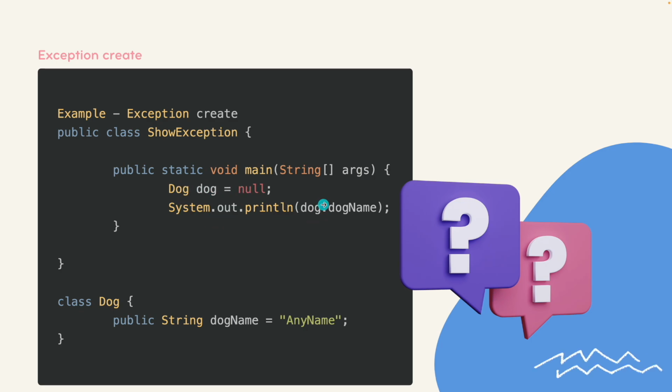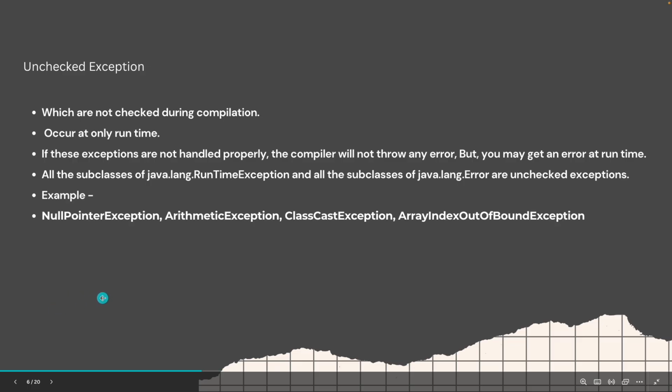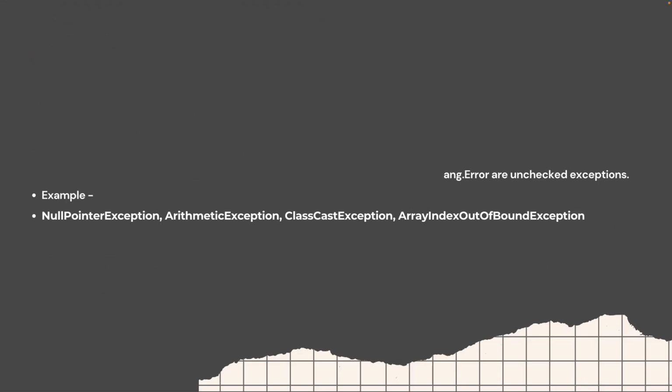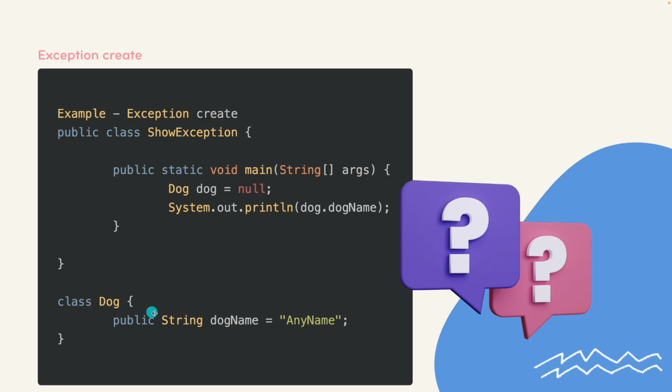Like here, this one is the dog class, but here I only give the variable name, and I want to print that variable, but initially I initialize that dog class as null, so due to this it gives an error. So now the question is how we can handle this scenario.